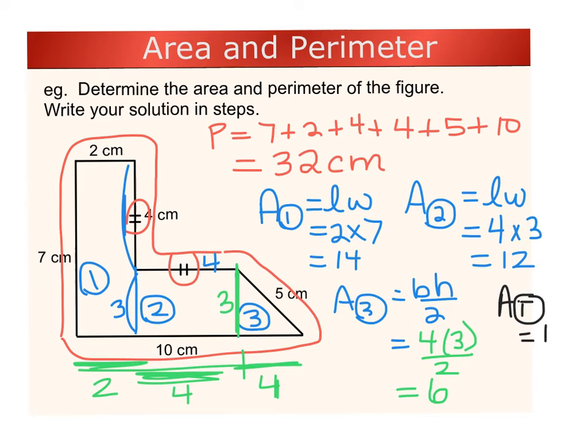We have 14 plus 12 plus 6, and that is, I think, 32, and my units are centimeters squared. I'm just going to verify that: 14 plus 12 plus 6 is 32 centimeters squared.